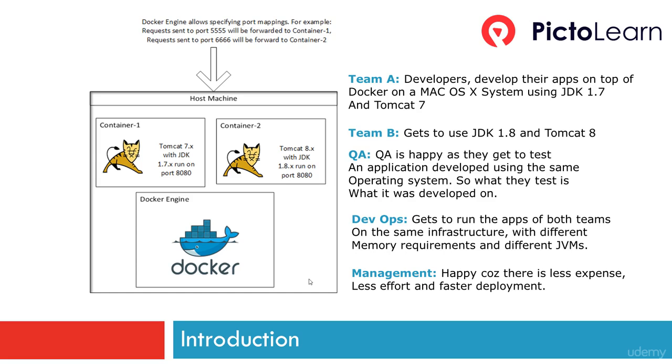Team B gets to use JDK 1.8 and Tomcat 8 even though they share the servers with Team A. QA, on the other hand, is happy as they get to test an application developed using the same OS. So what they test is what it was developed on. DevOps, on the other hand, gets to run the apps of both the teams on the same infrastructure with different memory requirements and different JVMs. Management is happy because there is less expense, less effort, and faster deployment.